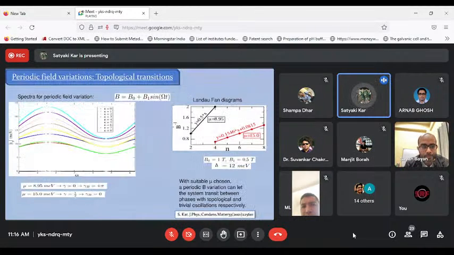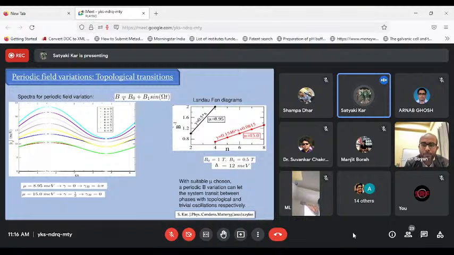So this is the case when my magnetic field is in the nodal plane, because we can get both trivial and non-trivial oscillations. We can consider a range of magnetic field and then repeat that by some periodic drive.